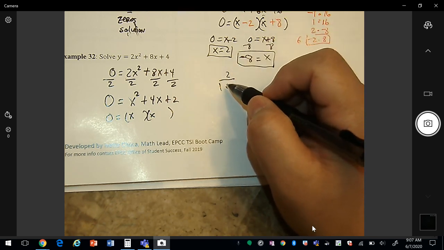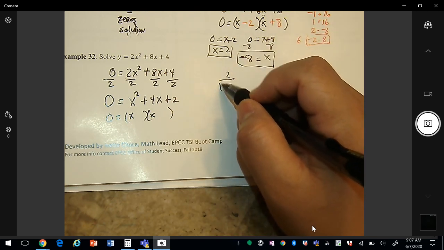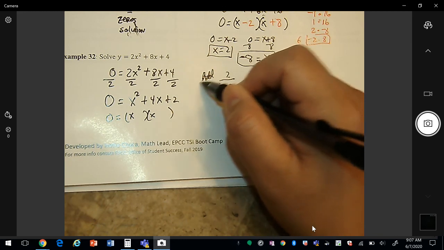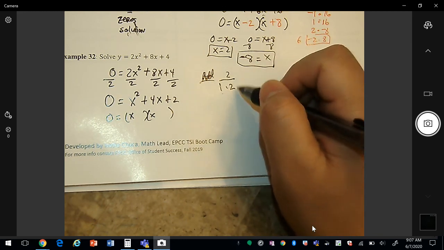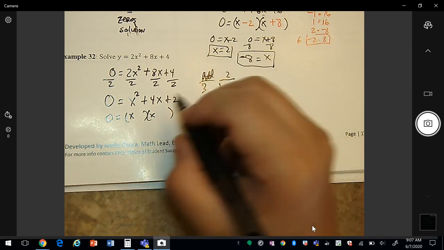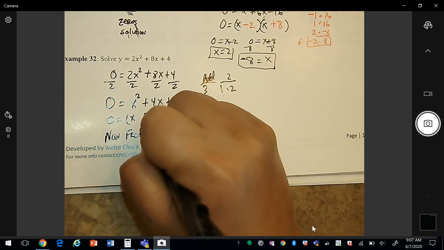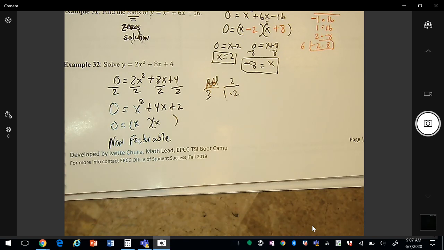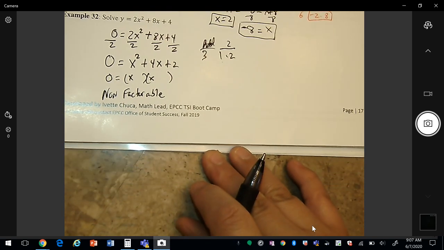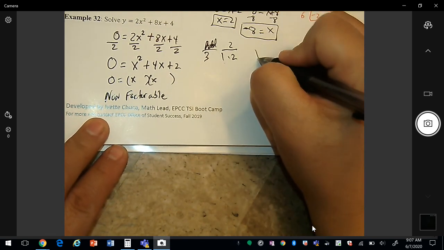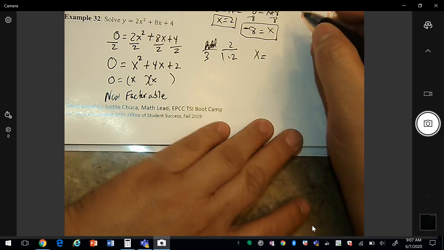And notice here that I cannot get any other factor, so 1 plus 2 would be 3. So that means that this is non-factorable. Okay, so you cannot factor it, but we can try to find the solution using the quadratic formula.